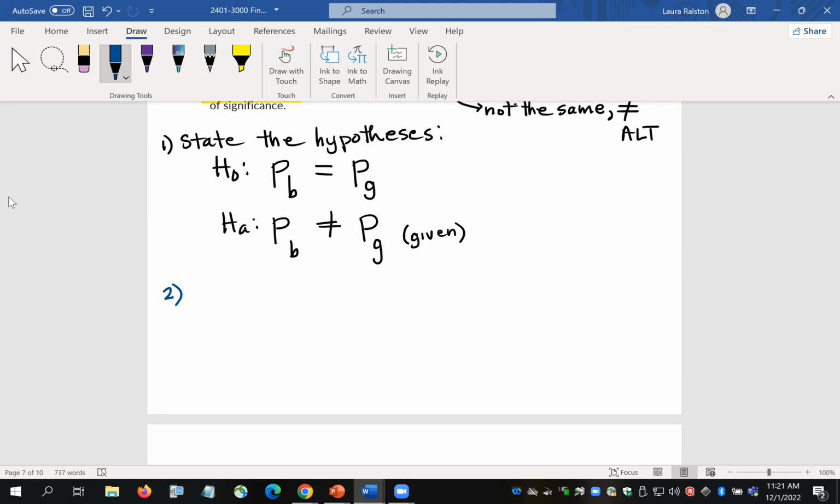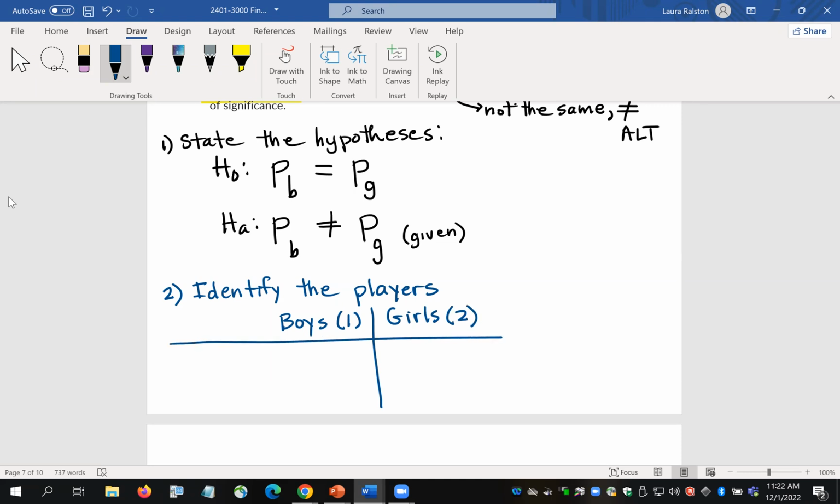Okay, then you've got number 2, which is to identify the players. And in this case, you're going to have information about the boys, which is proportion 1, and the girls, which is proportion 2.